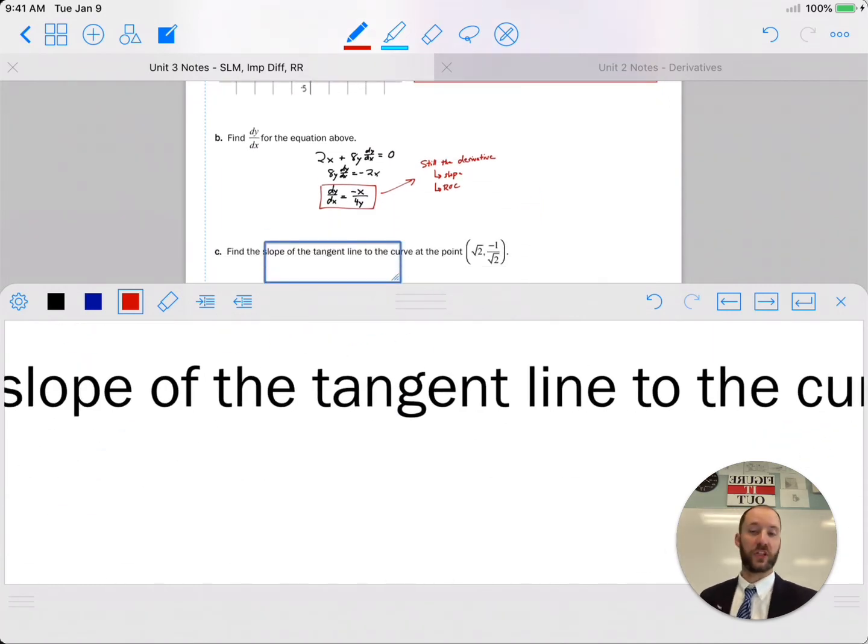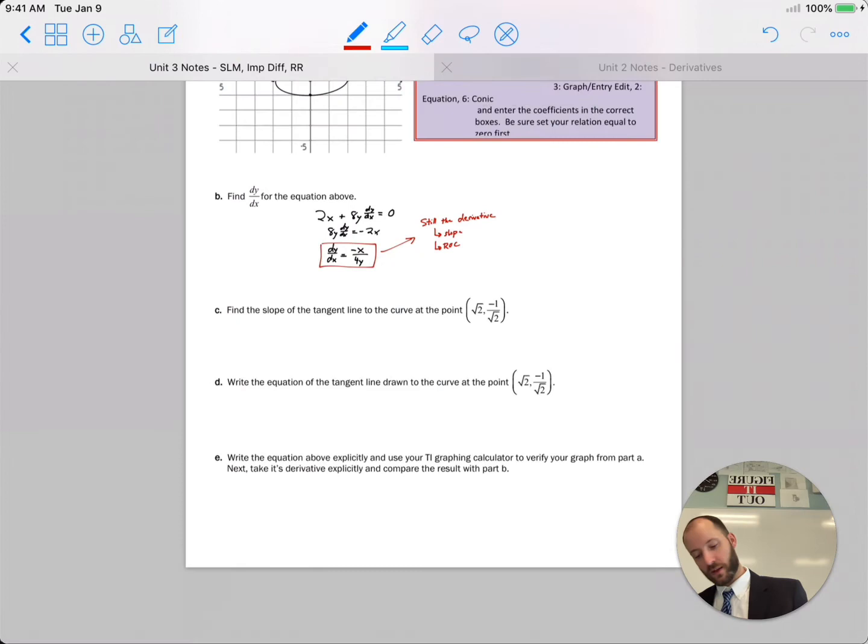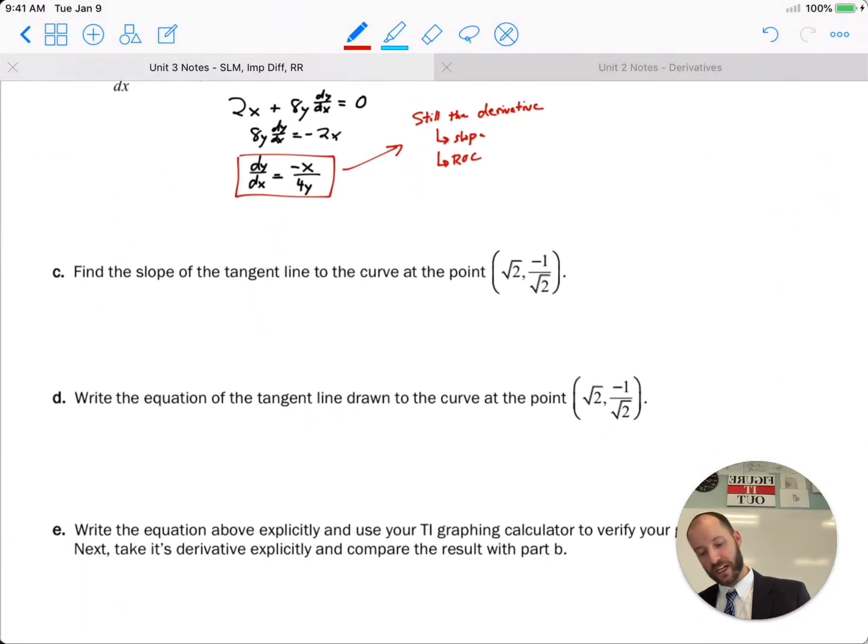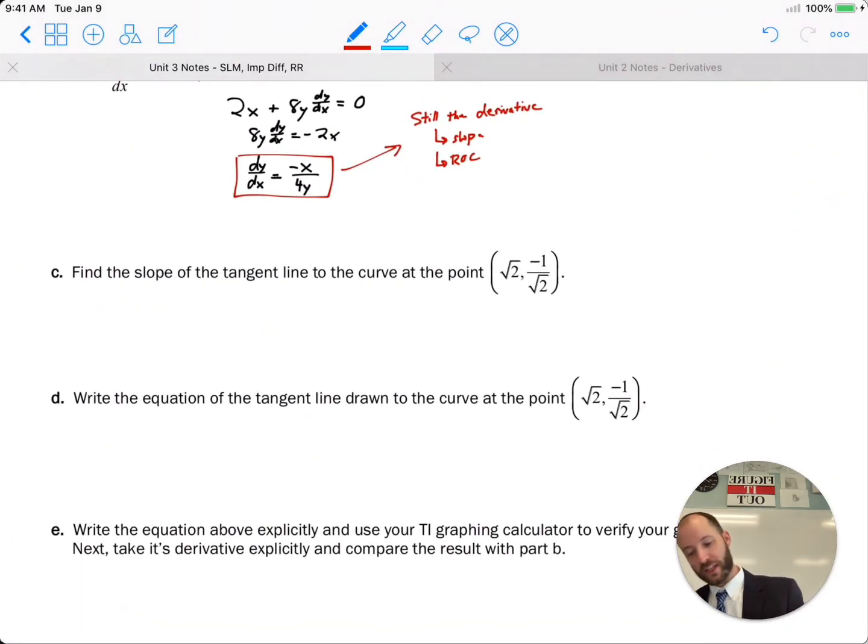So hey, we just saw this the other day. Find the slope of the tangent line to the curve at the point root 2, negative 1 over root 2. So find the slope. Hey, dy dx is a derivative, that is the slope.